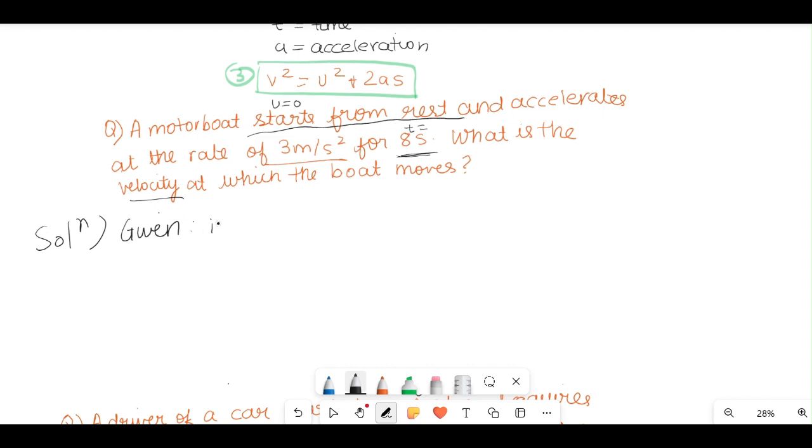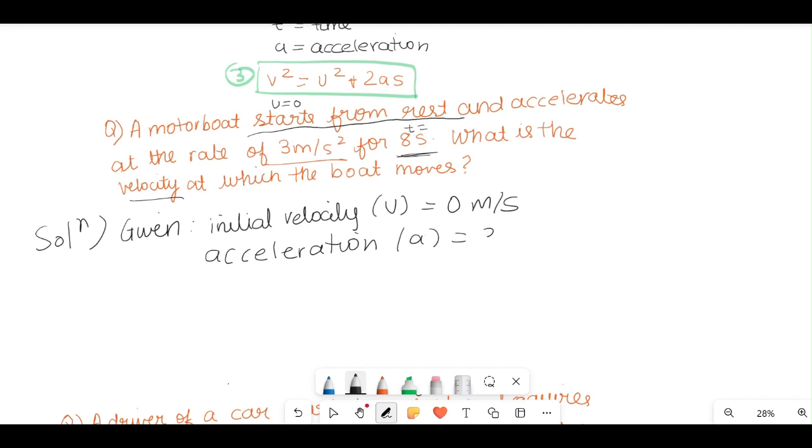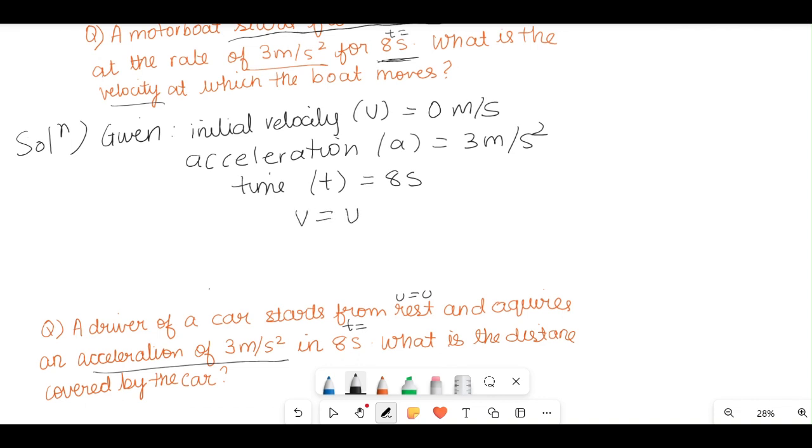Given to us is your initial velocity, U is equal to 0 meters per second. Acceleration A is equal to 3 meters per second square, and your time T equals 8 seconds.